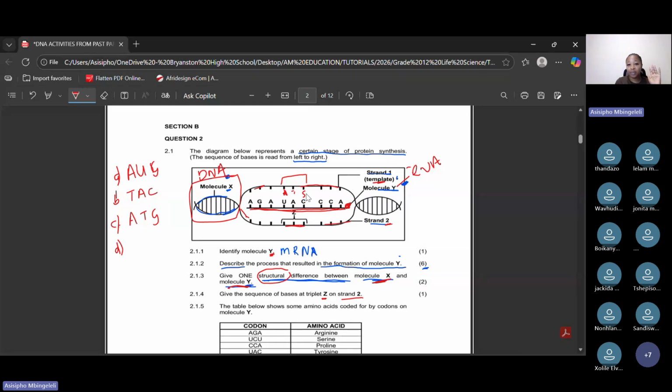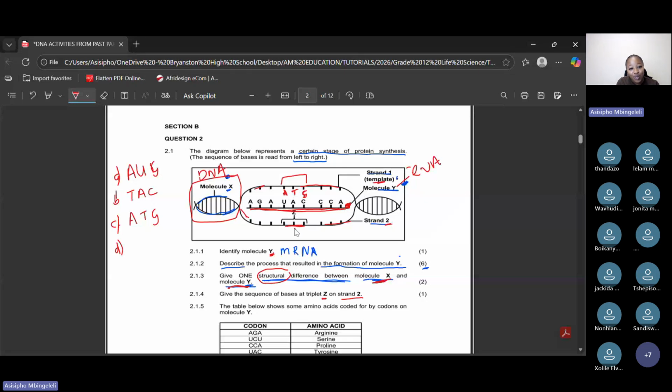These are the bases of the template strand, A, T, G. Now that means in order for this messenger RNA strand and these three codons to be formed, they use the code from these ATG. Now let's remember, if this is our template strand and this is our non-template strand, the bases that we have here were initially paired with the bases here.